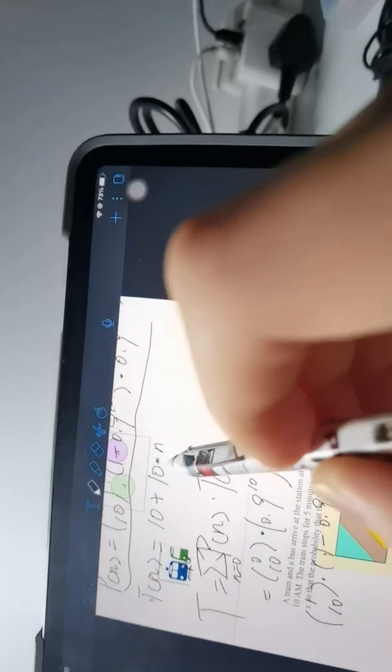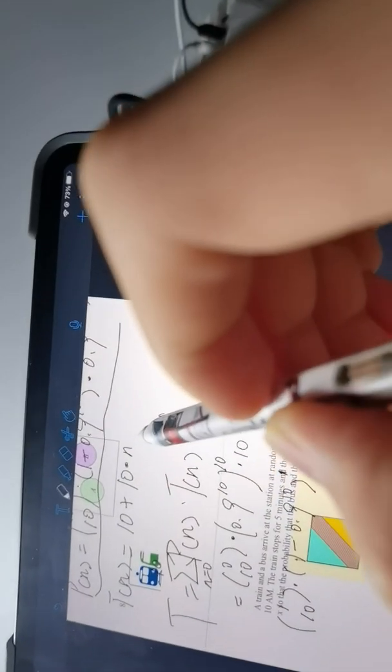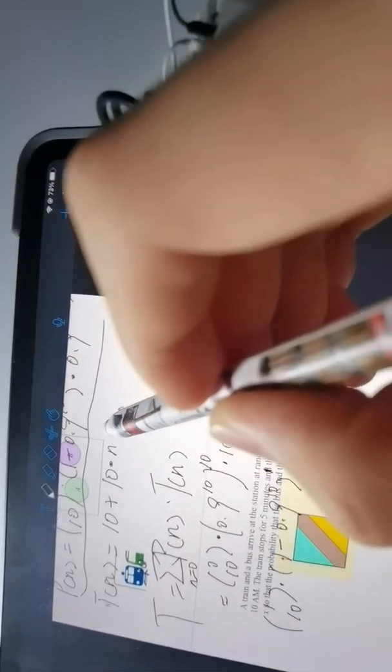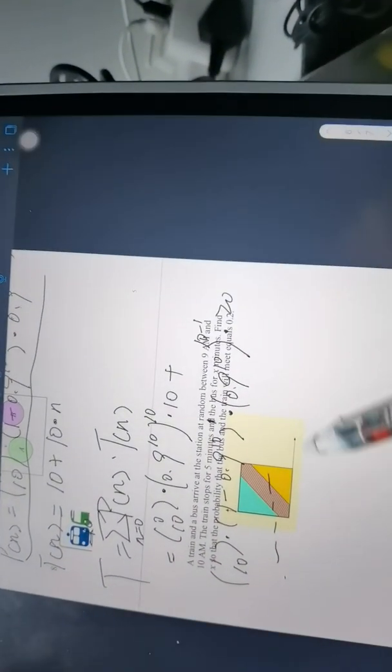Then you multiply the test time, 10 plus 10 multiplied by 1, which is totally 20.